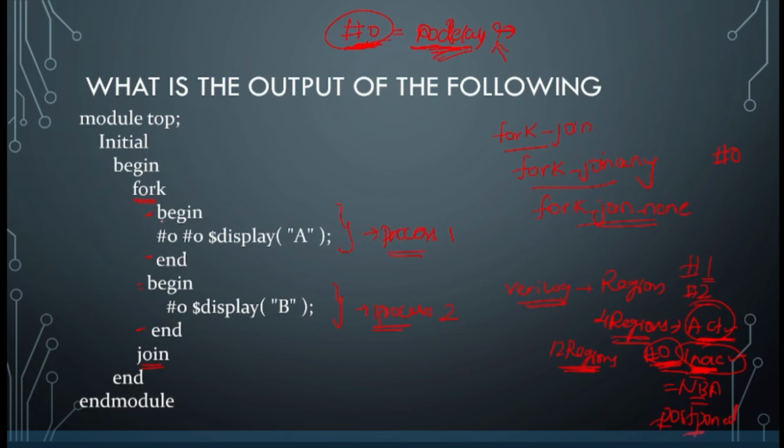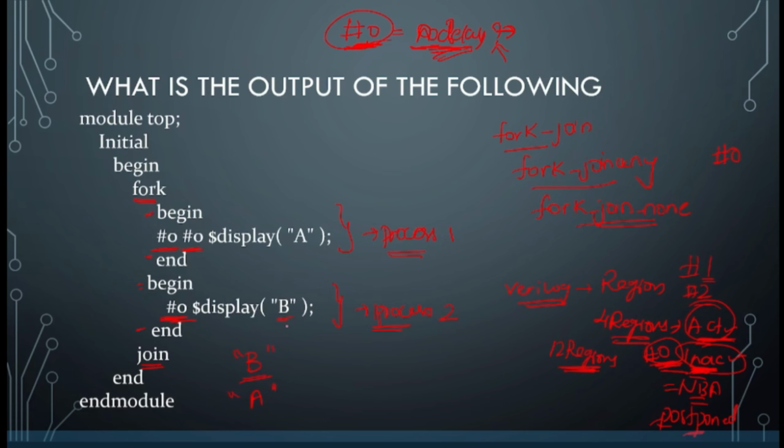One more interesting thing here is, in the first display statement 2 #0s are given, and in the second display B 1 #0 is given. That means the first has to wait for 2 #0 times and the second has to wait for 1 #0 time. So the B statement will be displayed first and then the A statement will be displayed.